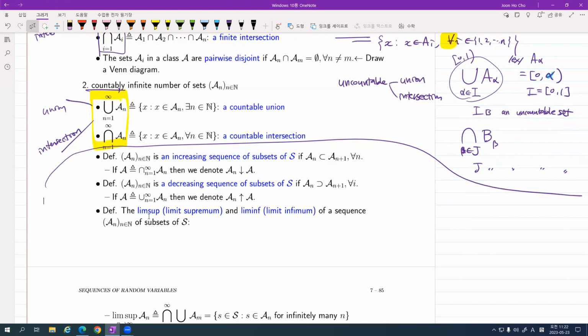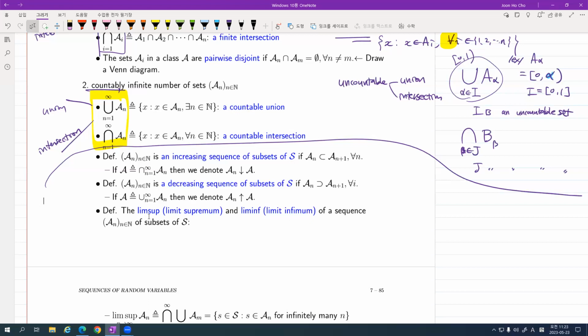Here, the first thing, an increasing sequence of subsets or events. What does that mean? With greater index, they have this inclusion property. So you have some A sub 1 that is included in A sub 2, which is included in A sub 3.